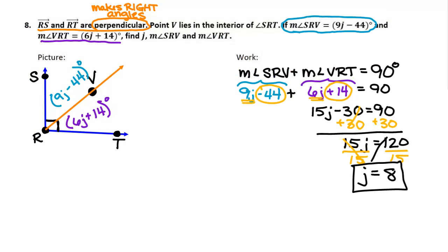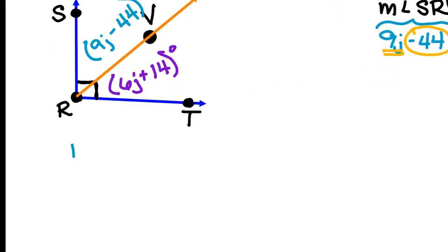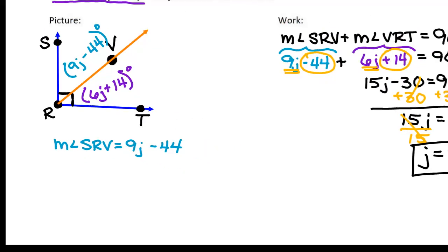What else are we supposed to find? SRV and VRT. So the measure of angle SRV, 9J minus 44. So I have 9 times 8 minus 44.